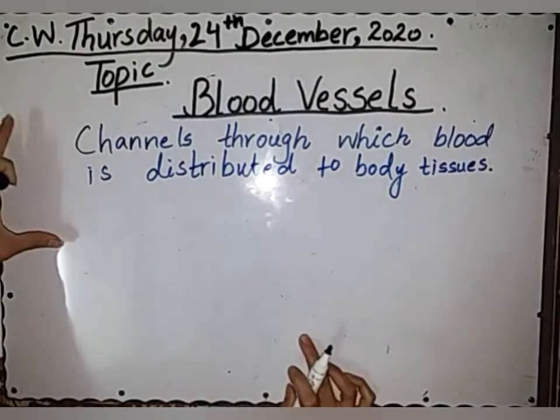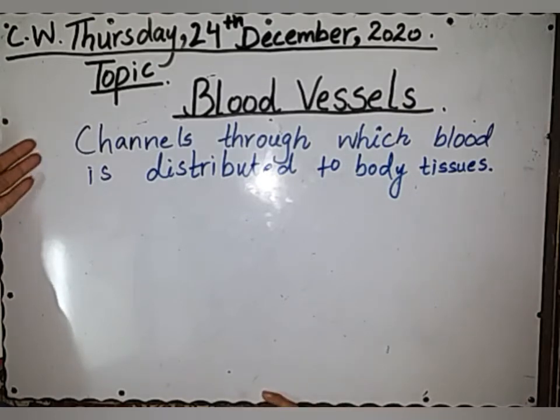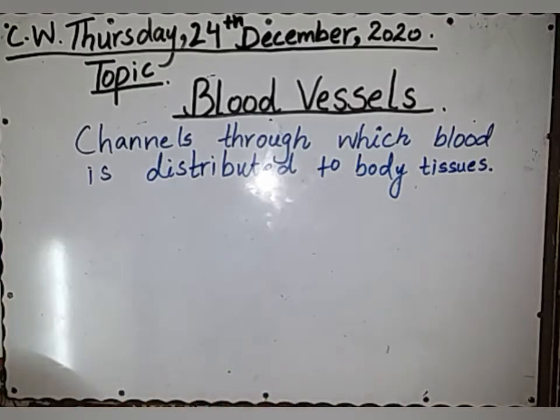Blood vessels are actually the channels or the vessels that help in the transportation of blood through the body. So, channels through which the blood is distributed to body tissue are known as blood vessels.